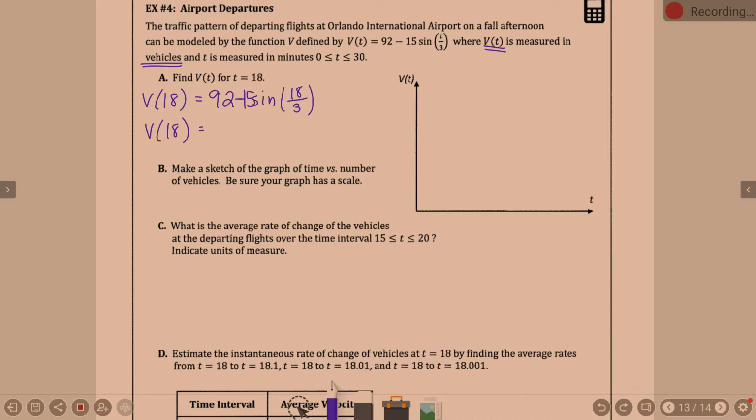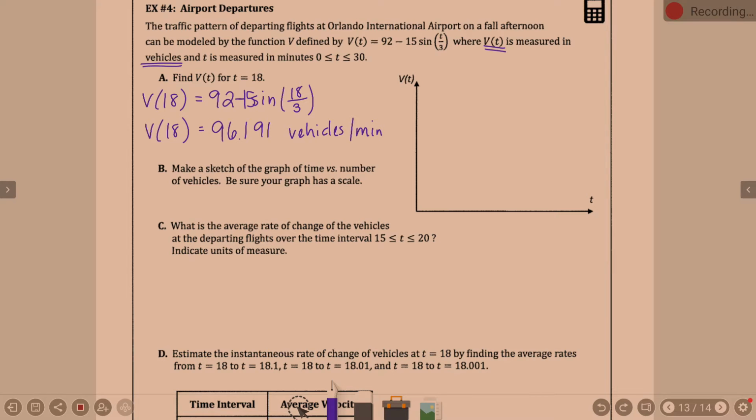Okay. Does your answer match my answer? If we go 3 decimal places, that is 96.191. And what is that? That was V, where V is measured in vehicles and T is measured in minutes, right? So that is 96.191 vehicles per minute.